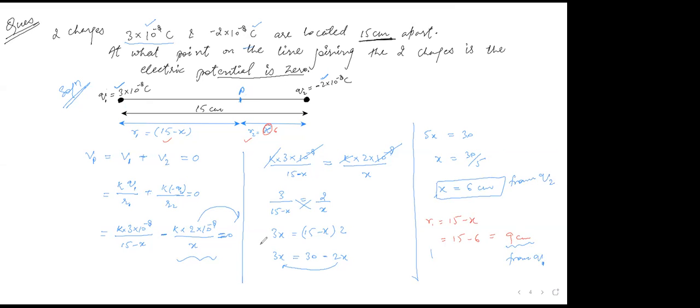Note it down. I mean, it is clear that there is a point in between the 15 centimeter where potential is 0, and we have already calculated it. Are you clear?